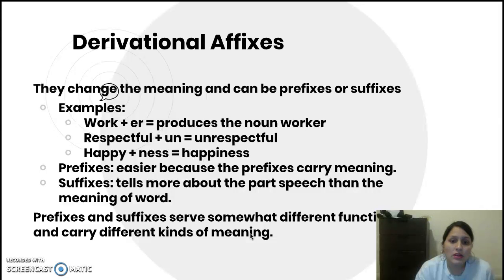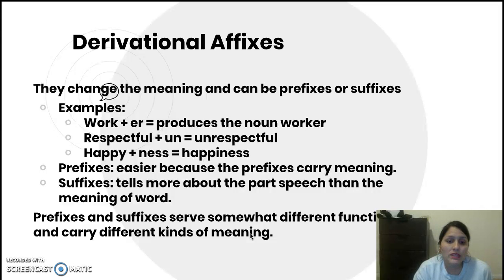And there are other prefixes like dis and re. All of those prefixes each have their own meaning. So when you add it in the beginning of a word, it does change the meaning of the root word.